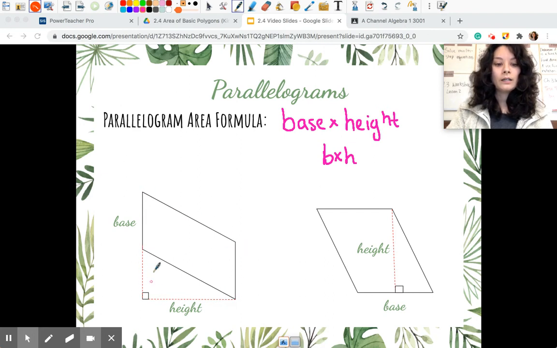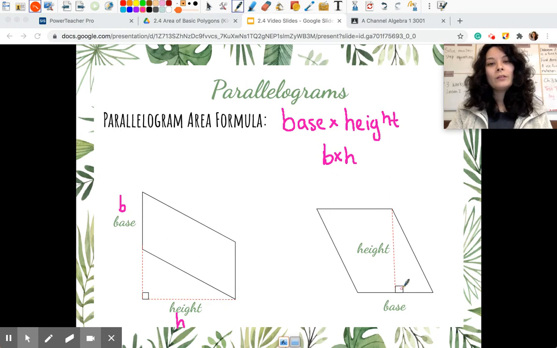This part here that's not actually a side of the figure. That's not actually part of our polygon. This part too is not really a side of our figure. It's just showing that if I took a measuring tape and I measured from this bottom base to the top, that would give me this height, whatever that height is. And then the base is whatever side forms that 90-degree angle with that height.